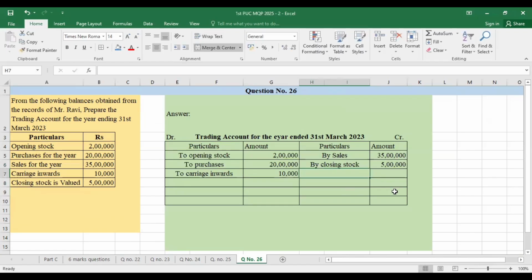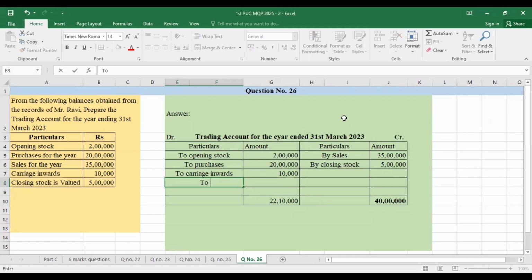Okay. Now let us total the credit side. 35 plus 5 becomes 40 lakhs. Here also we'll total. So the difference is called as, here the credit side is more than the debit side. I mean the income is more than expenses.